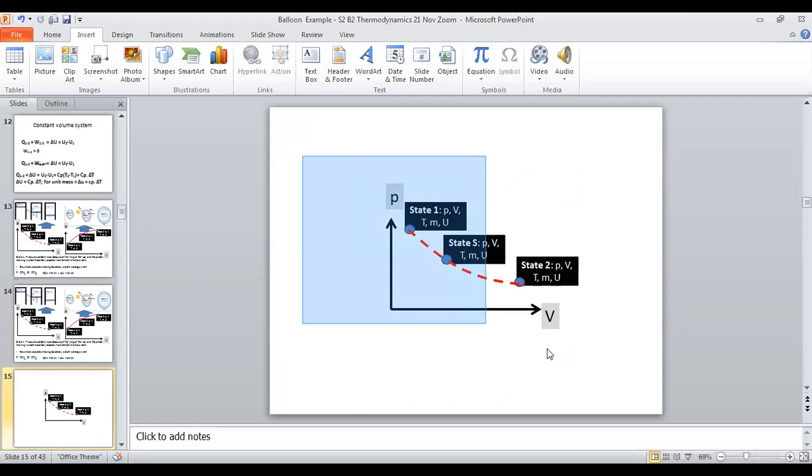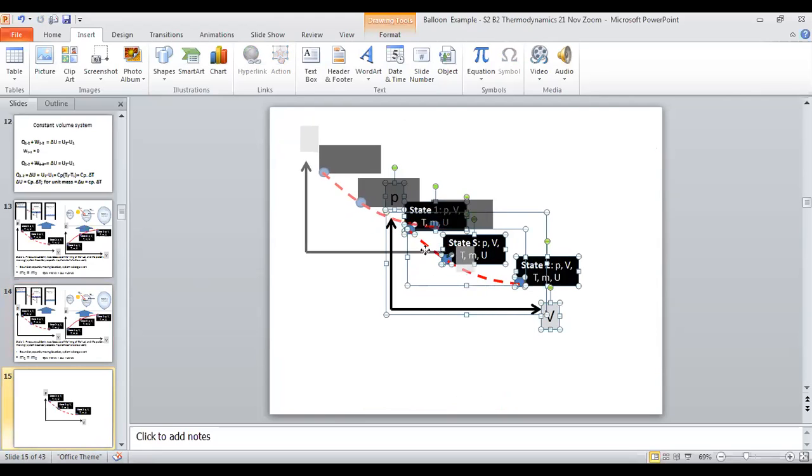Okay, this is your P and V axis. I just put this aside.